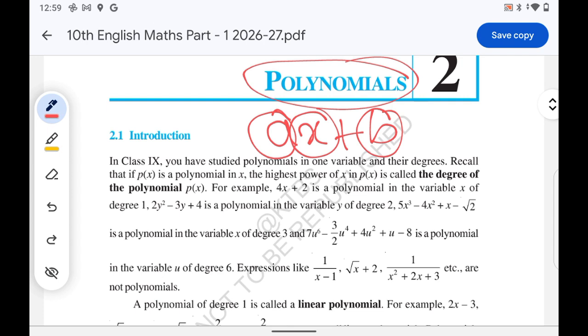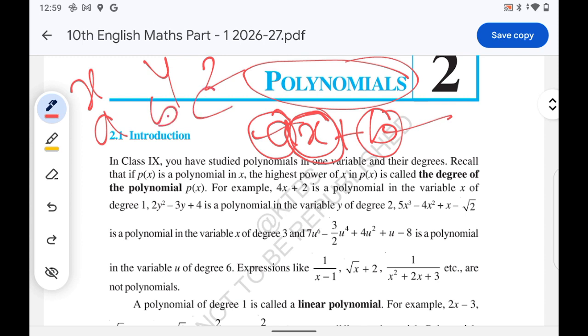So these constants are known as coefficients, and the variable is one whose value is not fixed. First of all, you should know what is variable. So when you consider x, y, z or a, b, c, their values are not fixed. According to the scenario, according to the equation, it changes. So we call them as variables. Whereas these a and b are constant.